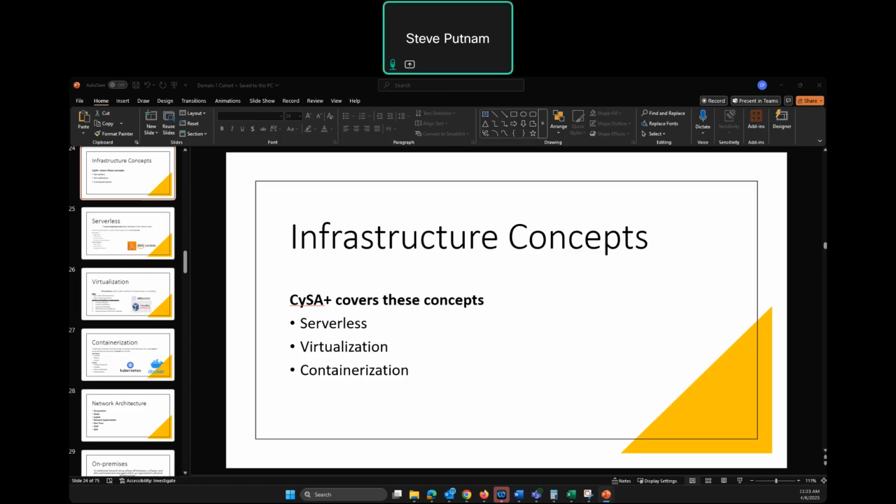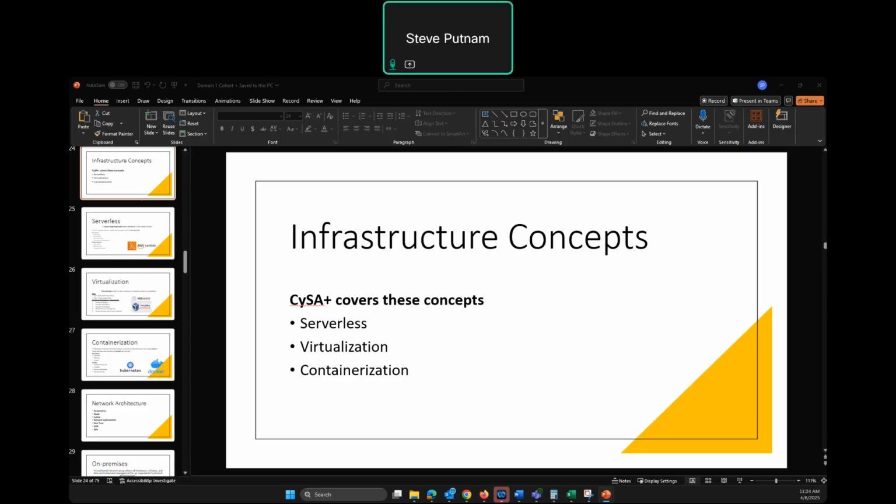Some key features: it's event driven, executing code in response to triggers like HTTP requests, database updates, anything like that. And it's usually a pay-as-you-go model. Examples of these are Azure Functions, AWS Lambda, or Google Cloud Functions.